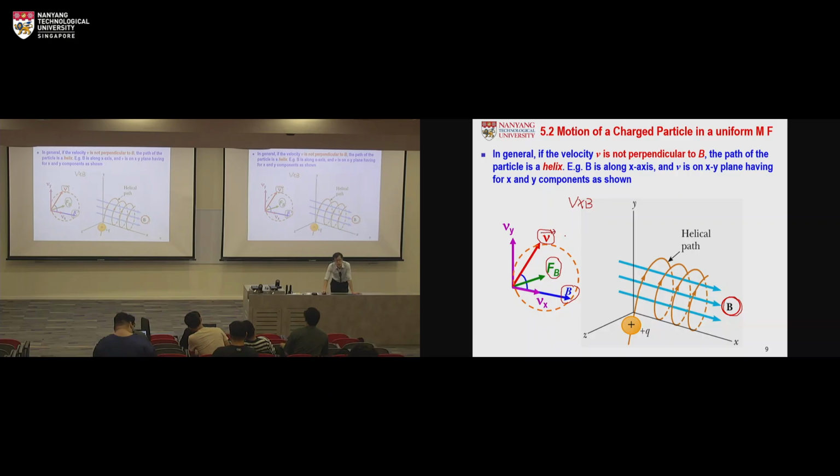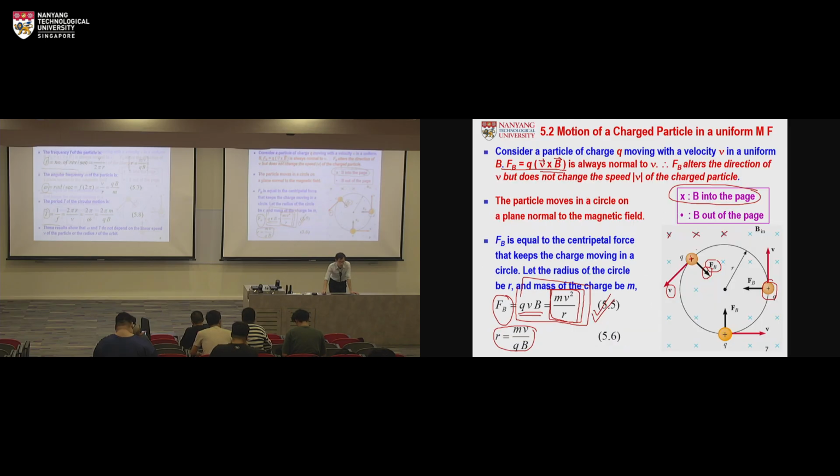For any vector, you can decompose it: this Vy component, which is perpendicular to B, and Vx component, which is parallel to B. You can always decompose in this way, right? So now, if we only consider this Vy and B, then basically it's a scenario like this, right?